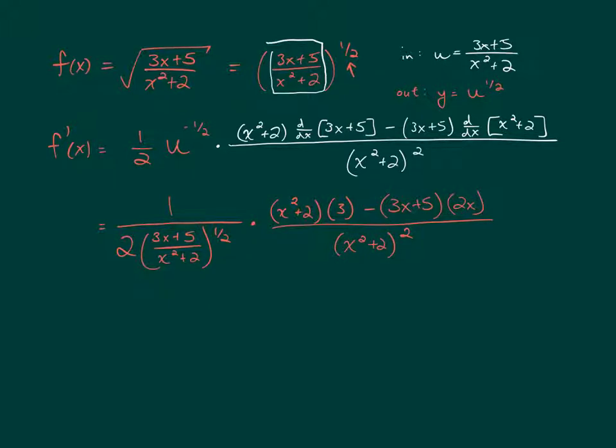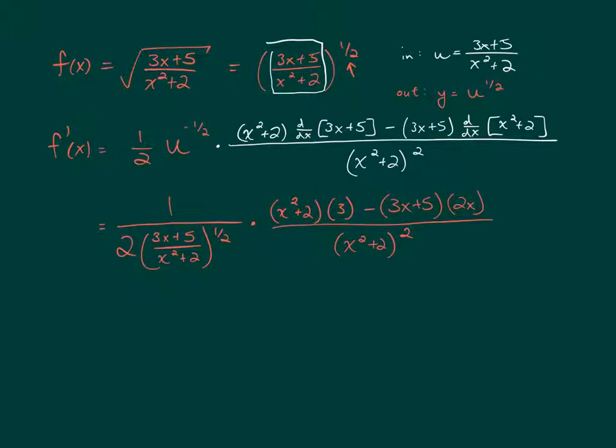So now there's a lot of simplifying that needs to happen before we get to our final answer. The first of which is to multiply all of this stuff out and combine like terms in the numerator of this fraction.